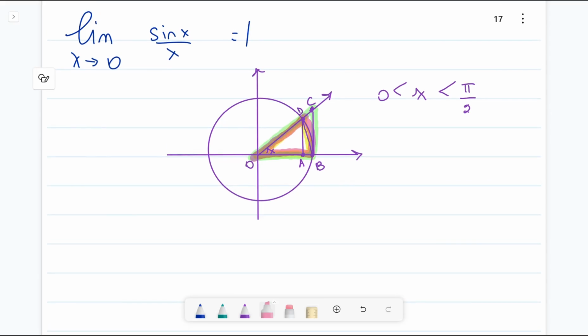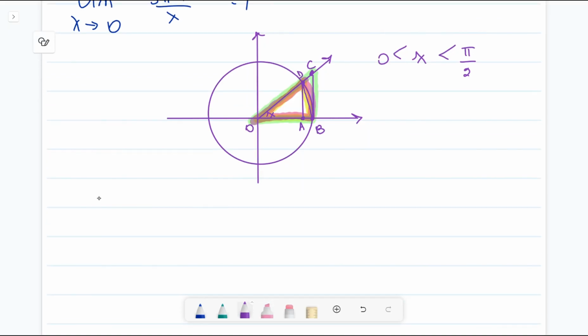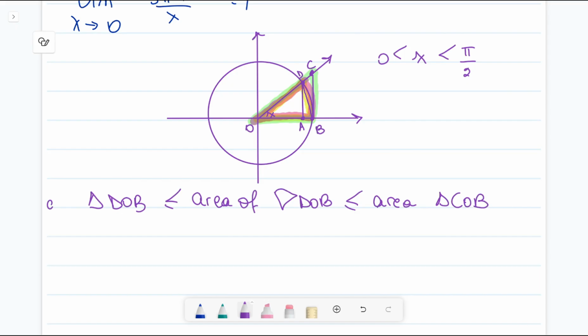I know maybe the figure is a bit messed up, but if you can notice now that the area of the triangle DOB is less than or equal to the area of the arc DOB, which is less than the area of the triangle COB.